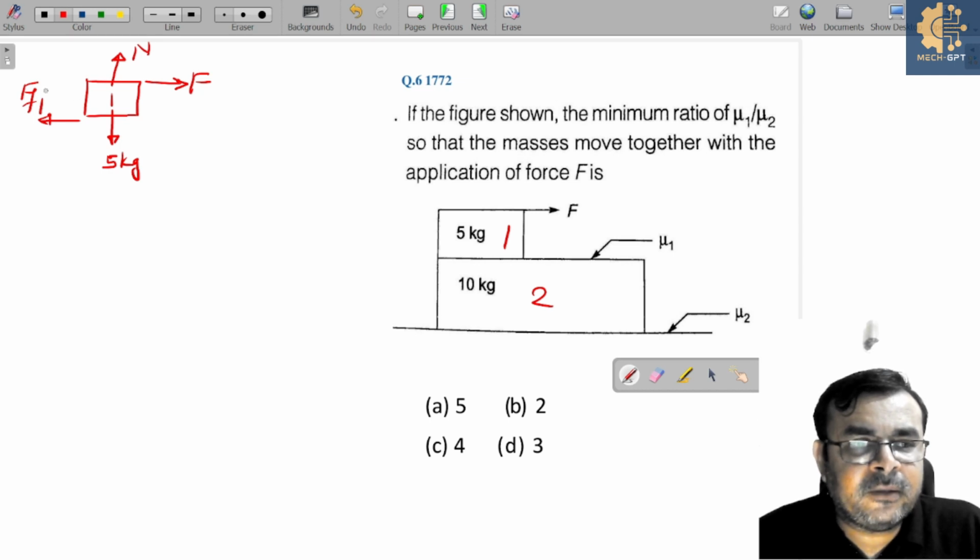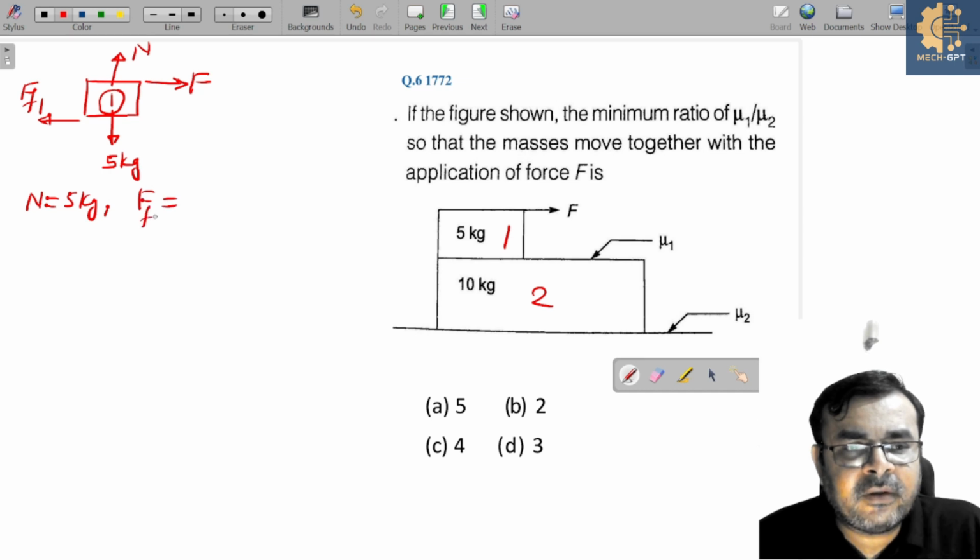Let's say FF1, which is nothing but N times mu1. Correct? So this is free body diagram of block 1. And from this, can I say N is equal to 5 kg? And what about FF1, this is 5 kg into mu1.